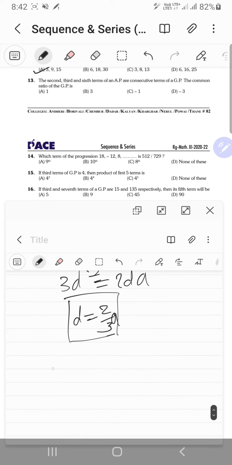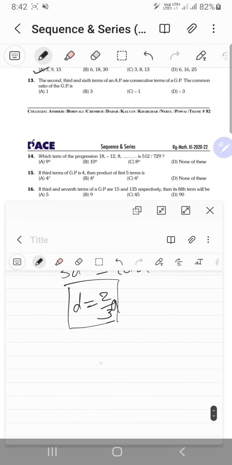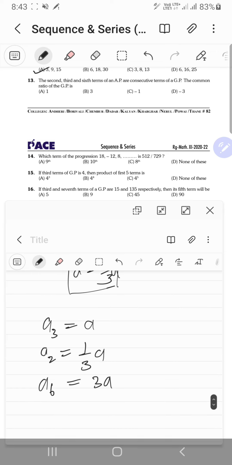We took a3 as a, so a2 is that minus 2/3 a, so 1/3 a, and a6 will be 3 times the difference, which is 2a, so this will be 3a. So the ratio is 3.